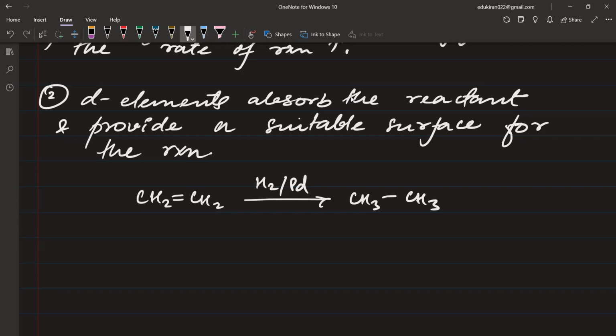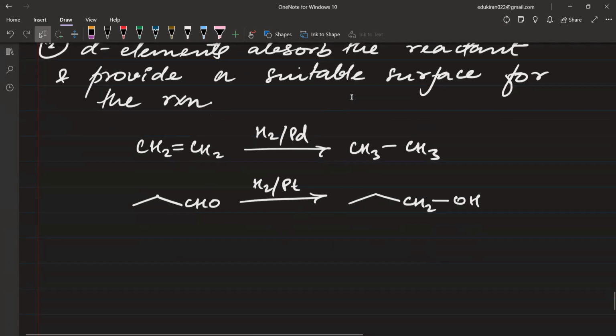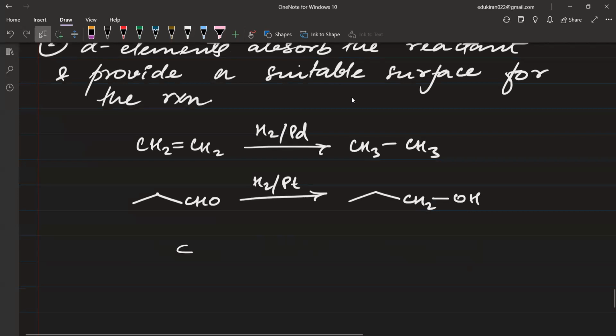Even you must have seen for aldehyde, in the alcohol chapters, we studied catalytic hydrogenation, right? So hydrogenation and the catalyst was Pd, Pt, or nickel. And here also we are going to get CH2OH. One hydrogen attaches on the carbonyl carbon and oxygen, like this.